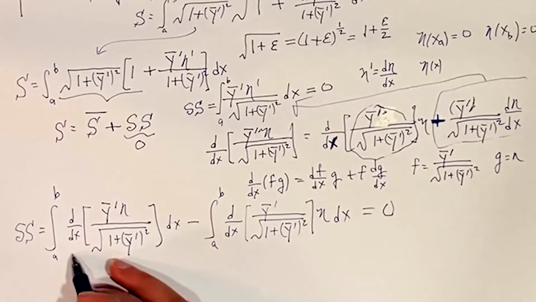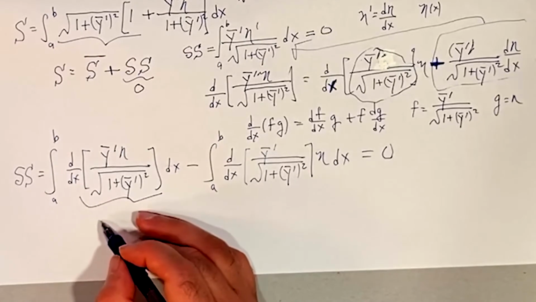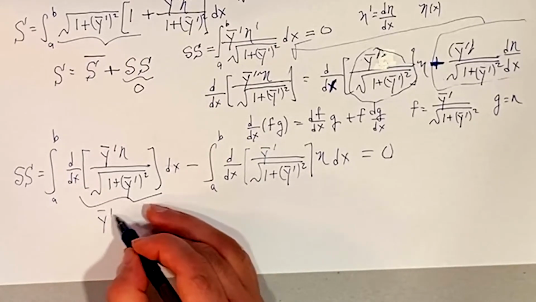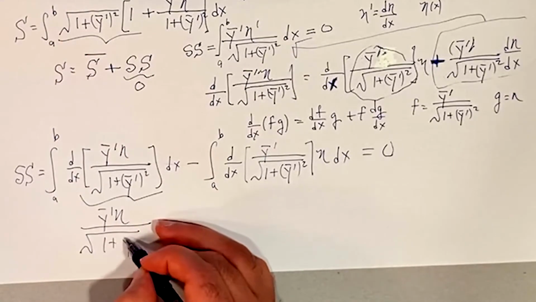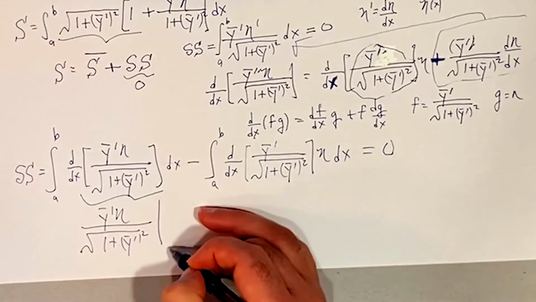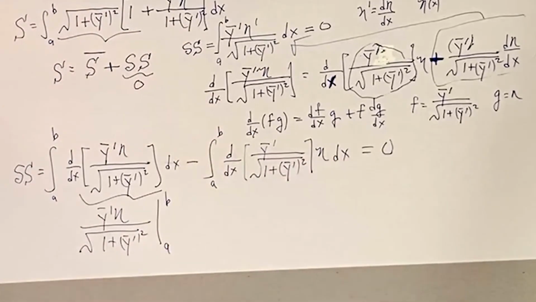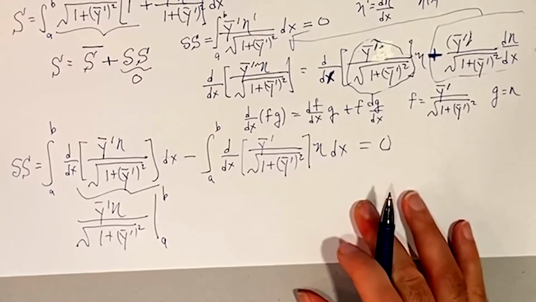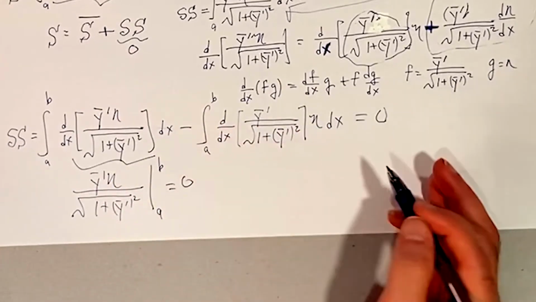Now this one, see, the integral of a derivative, that just lifts this. And if you lift this off like this, and then evaluated at a and b, remember that the eta at the endpoints is 0. There is no error there. So that means this is going to be 0.